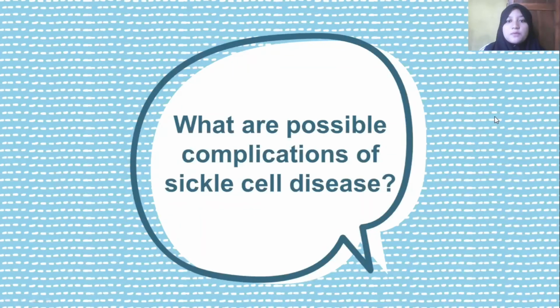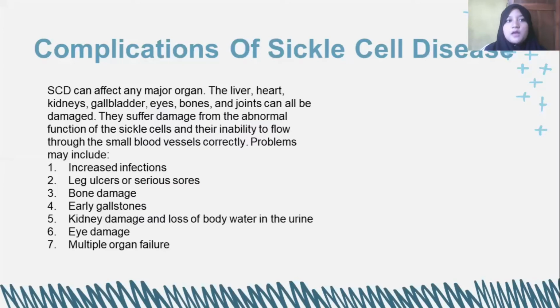Next, what are possible complications of sickle cell disease? Complication of sickle cell disease. SCD can affect any major organ. The liver, heart, kidneys, gallbladder, eyes, bones, and joints can all be damaged. They suffer damage from the abnormal function of the sickle cells and their inability to flow through the small blood vessels correctly.